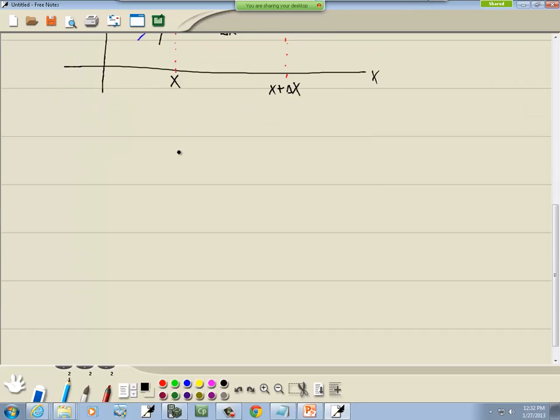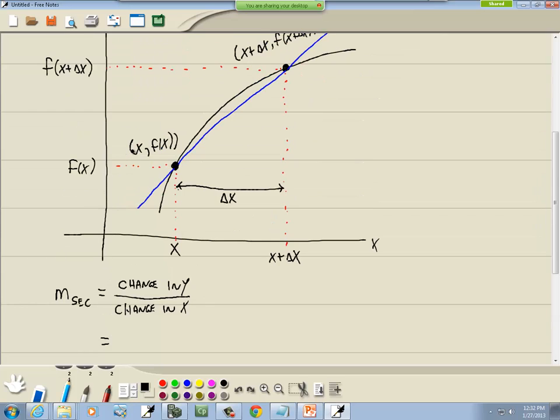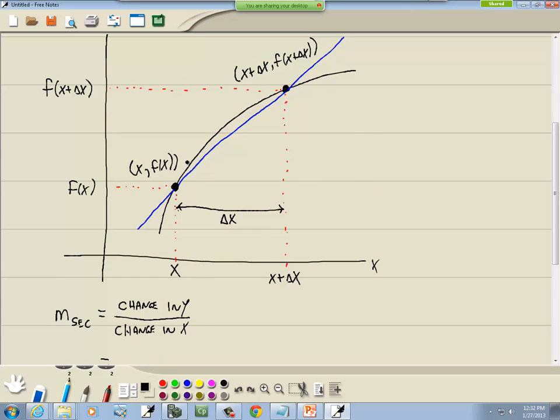Okay, now refresh your memory. When we're finding the derivative, I'll indicate that as the slope of the secant line. When we're finding the slope of the secant line, that's the change in y over the change in x. We had a formula from college algebra that said if you've got 2 points, then you've got y2 minus y1 over x2 minus x1.